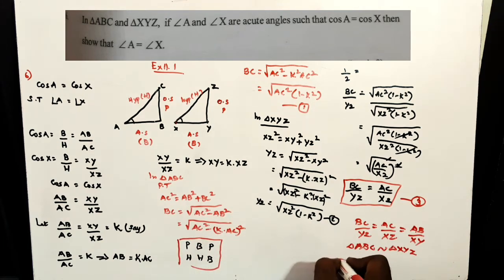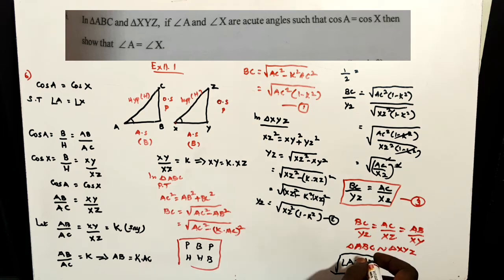Hence angle A is equal to angle X. Like this we prove it. Angles opposite to equal sides are also equal.